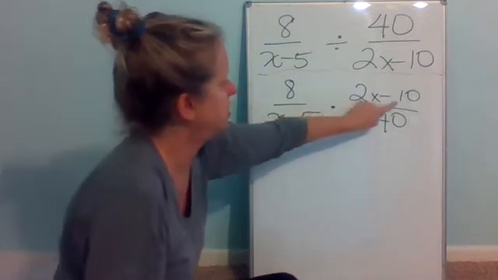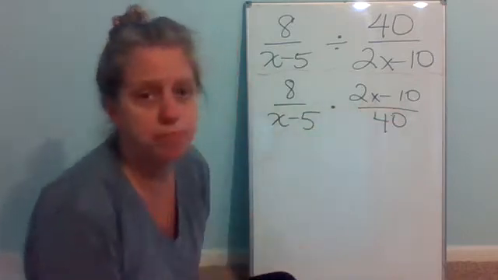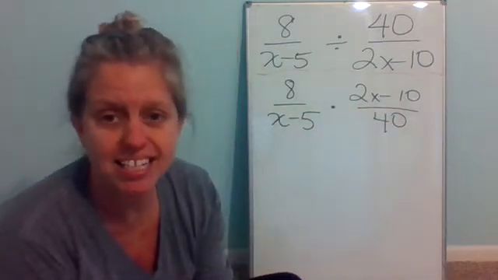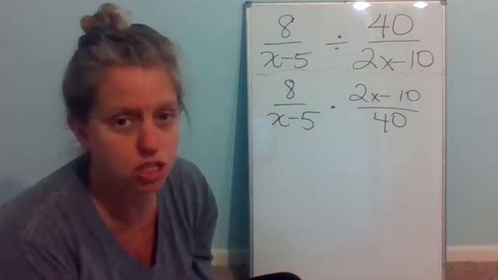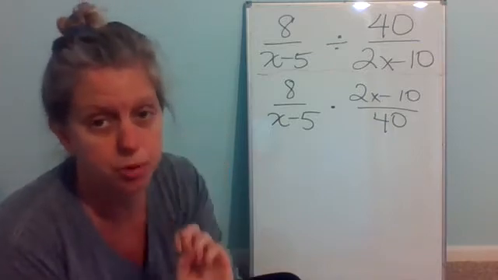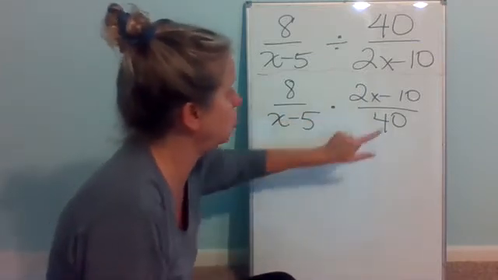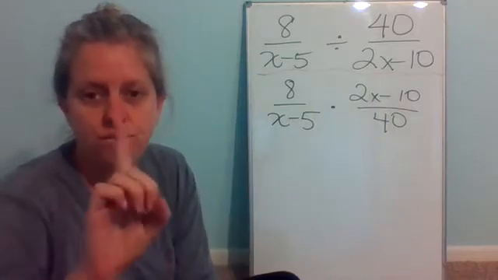But look at this one. There's 2 terms. Is there something in common with 2 and 10? In other words, is there a number that goes into both of them? And there is. The number 2 goes into 2 and 10. So you've got to factor that out first.